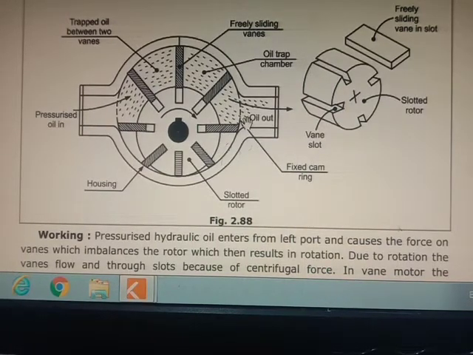Then whatever used oil is there will go through this outlet port to the reservoir through the direction control valve, or if you have provided the flow control valve, through the flow control valve the oil will go to the reservoir. So this is the unbalanced vane hydraulic motor.